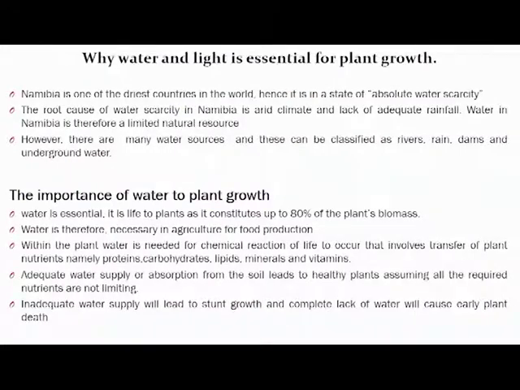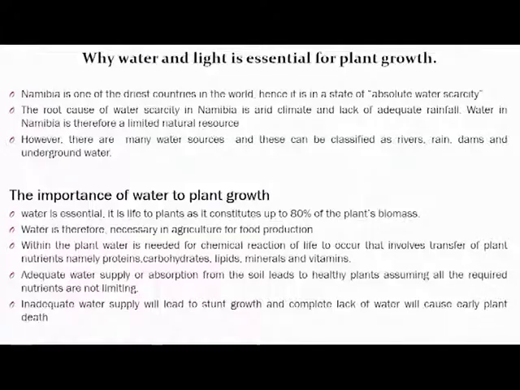So let us also look at some aspects of these modules, another issue, which is why water and light are essential for plant growth. Now we look at why water and light are important for plant growth, because as I have said earlier, a plant cannot do without soil.